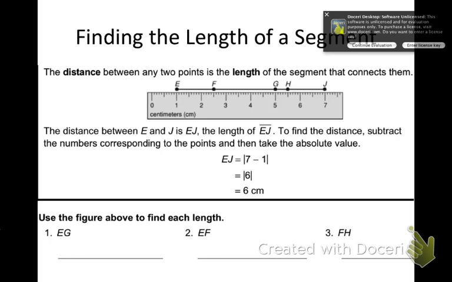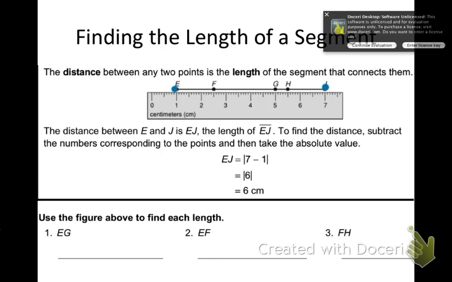The distance between any 2 points is the length of the segment that connects them. So, for example, there I have a ruler in centimeters. The distance between E and J, so I'm looking from E to J there, is the length of EJ. To find the distance, subtract the numbers corresponding to the points and then take the absolute value. Again, absolute value because distance is always measured in a positive direction.